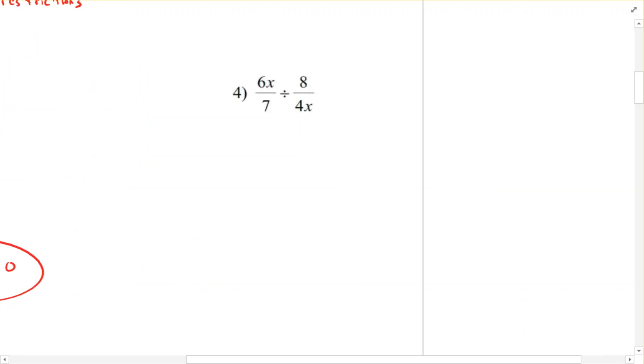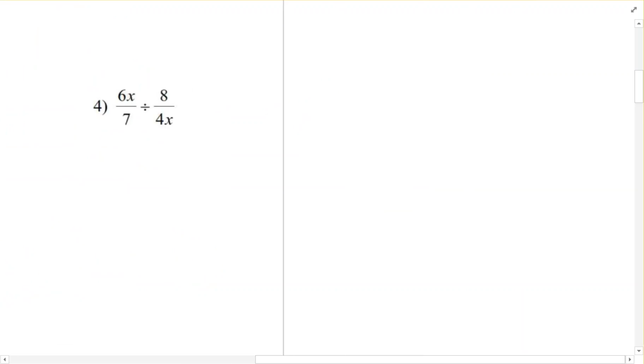Okay, dividing. Dividing is almost as easy as multiplying. There's a couple little tricks. I'm just going to go over here for a second and see if you've seen this before. If you go, I don't know, like 4 over 7 divided by 2 over 3.